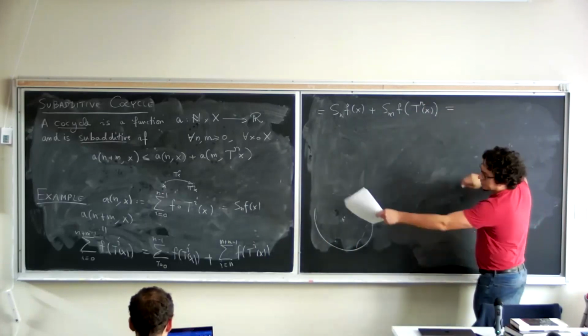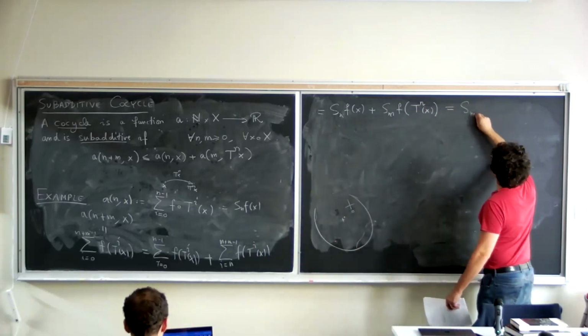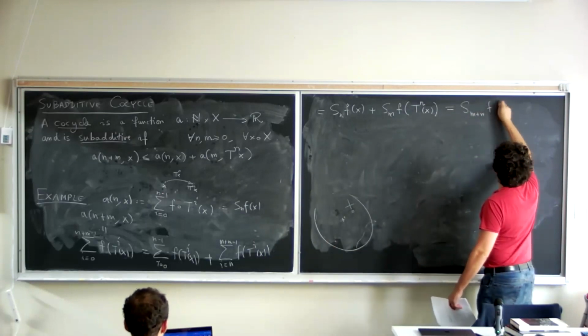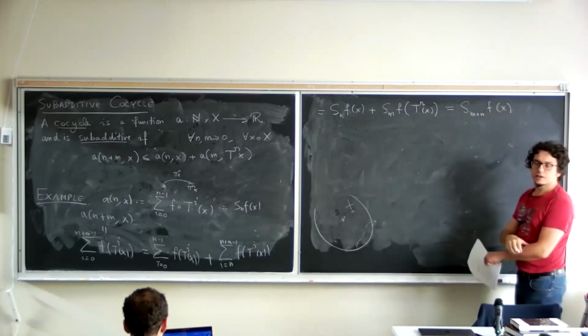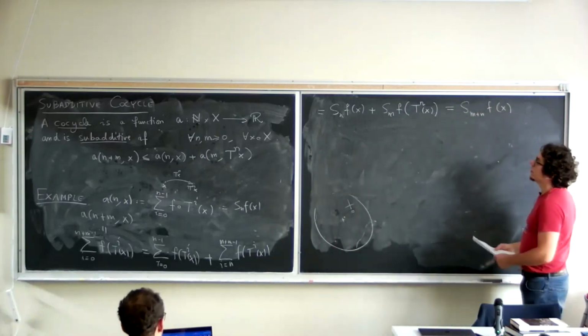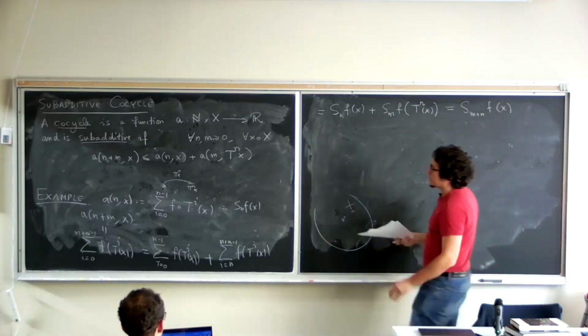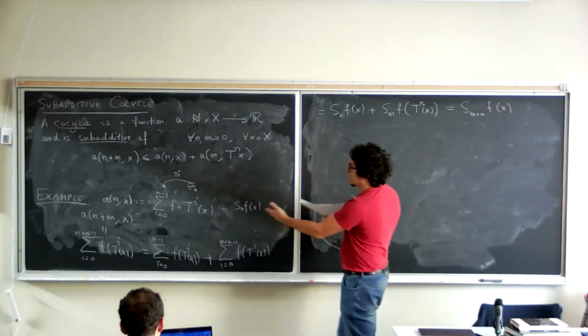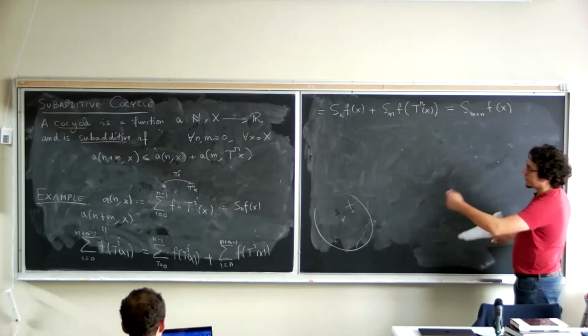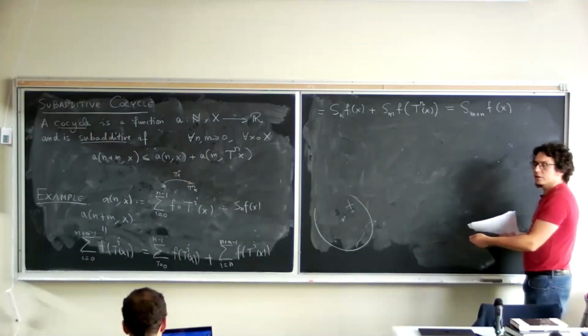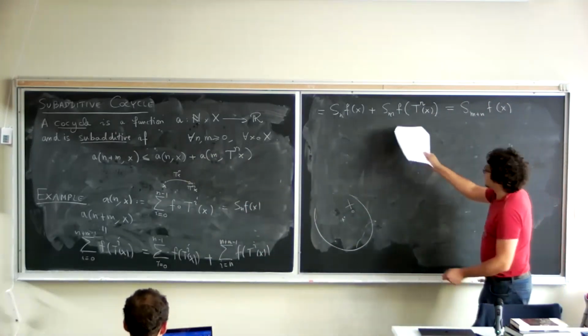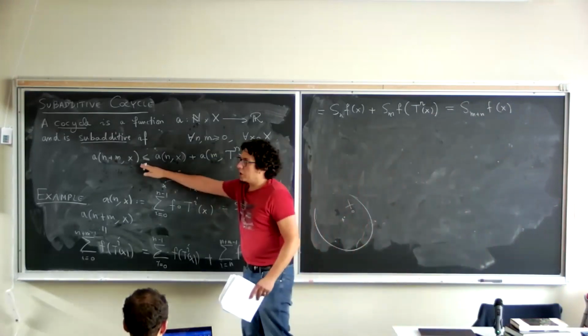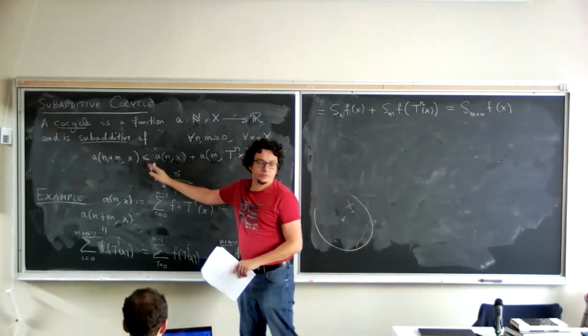And this is the same as S_{n+m} f of x. It's just a sum. So the cocycle notion kind of wants to model what happens if you're taking a sum over the orbit, but instead of having an equality, you can replace it with an inequality.